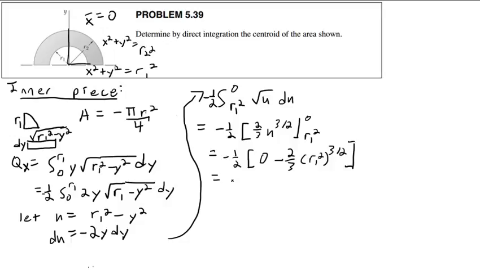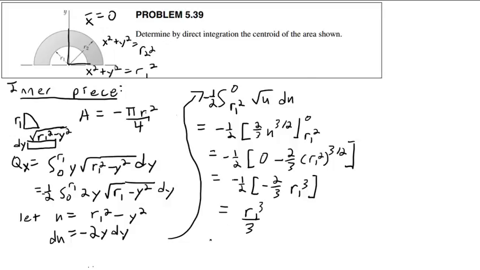So then I'll have negative 1/2 times negative 2/3, and this is just going to be R1 to the 3rd, and this is then R1 to the 3rd over 3.